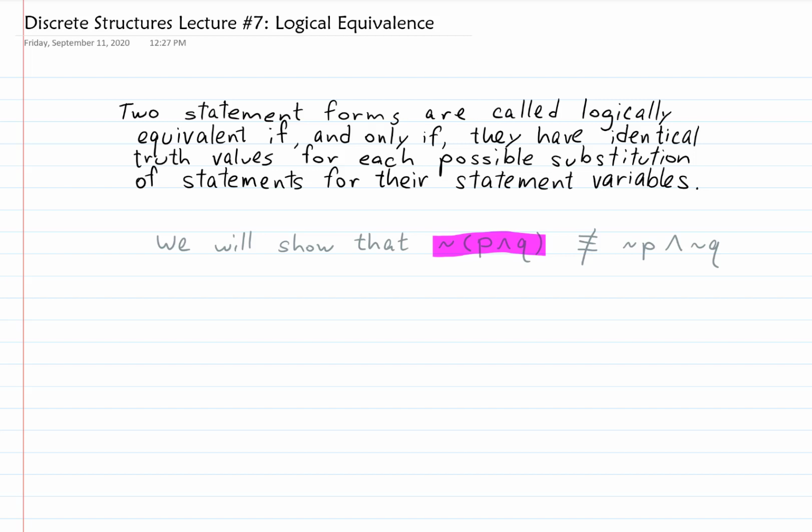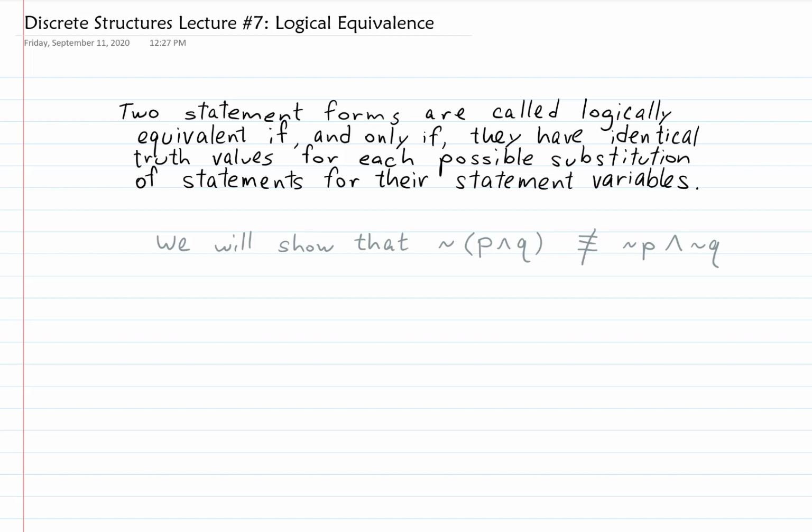Okay, and how do you figure out all those combinations? You do a truth table. So to see if two statement forms are logically equivalent or not, you do a truth table for both of them and see if the truth tables match up.